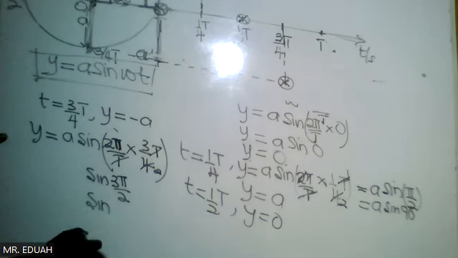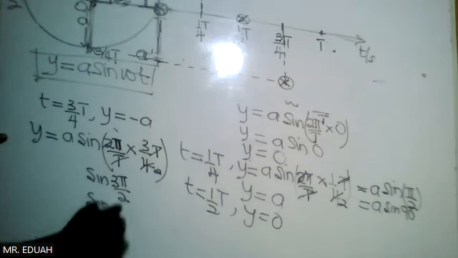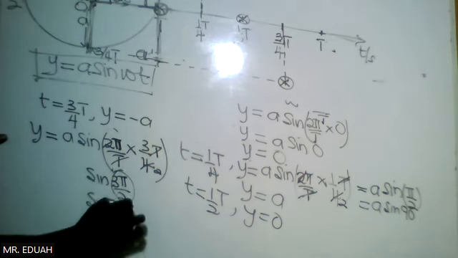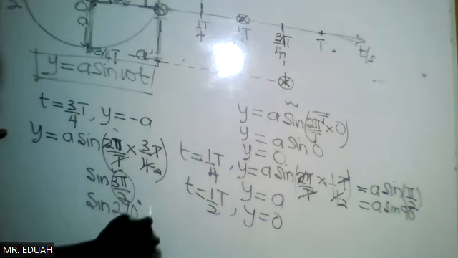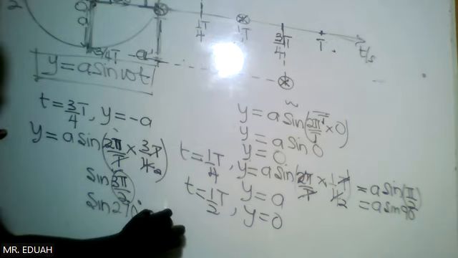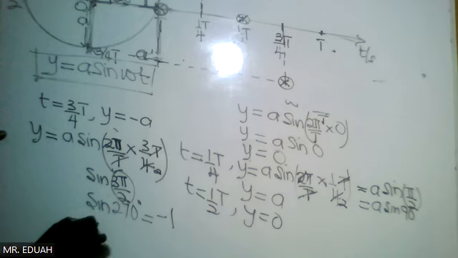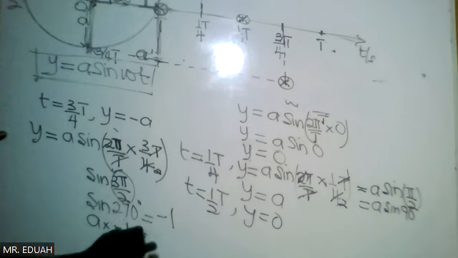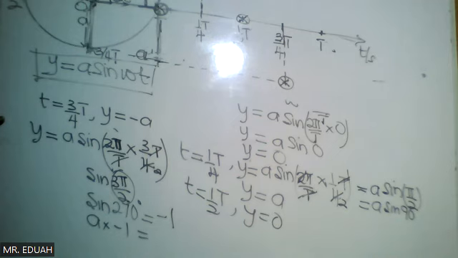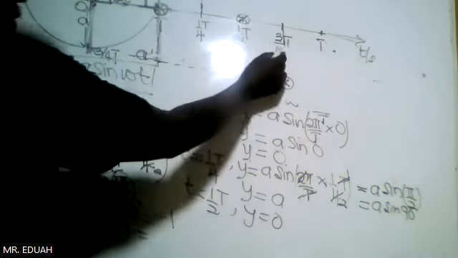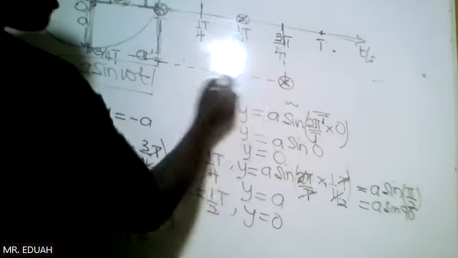That will be 270. So it's sine of 270, which gives you negative 1. So this is the same as a times negative 1. What is a times negative 1? Negative a. So that's why this time gives us a displacement of negative a.